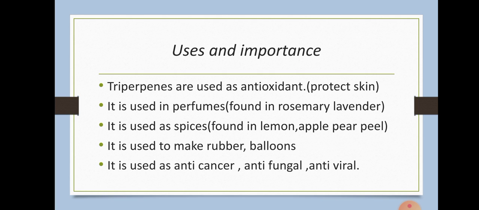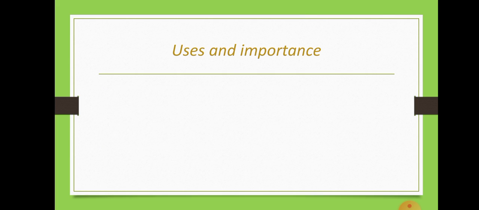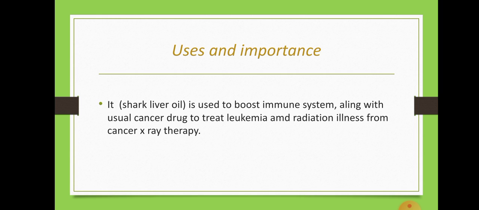They can be used as anti-cancer, antifungal, and antiviral agents. Shark liver oil is used to boost the immune system along with the usual cancer drug to treat leukemia, which is a blood cancer, and radiation illness due to X-ray therapy for cancer, which is very painful.